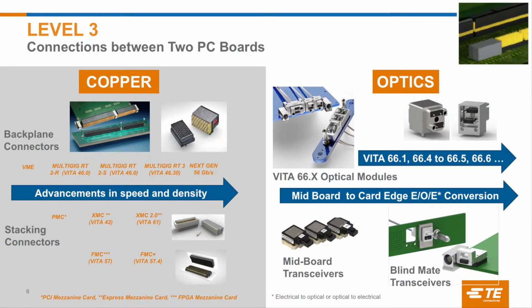When you move to the next level, there have been a lot of advancements in the copper world. I don't argue with Mike about that. Clearly, you've seen the evolution from VME up through 25 gig capable RT3 connectors with 56 gig on the horizon.